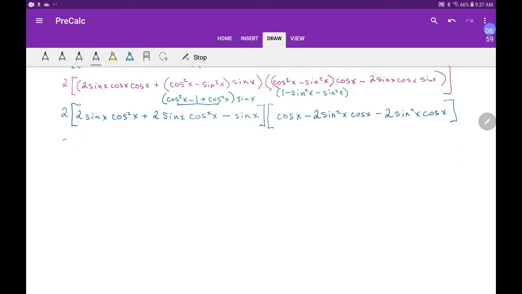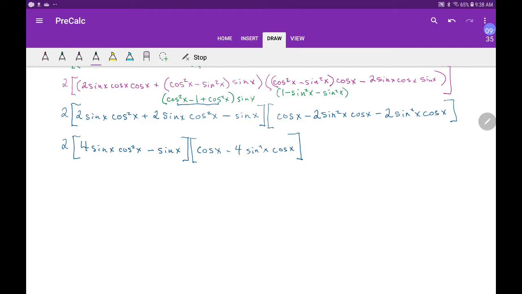We can say 2 times, there's 2 of these 2 sine x cosine squared x. So I'm going to say 4 sine x cosine squared x minus sine x. And then again I have 2 of these guys, so now I have minus 4 sine squared x cosine x, after the cosine x.